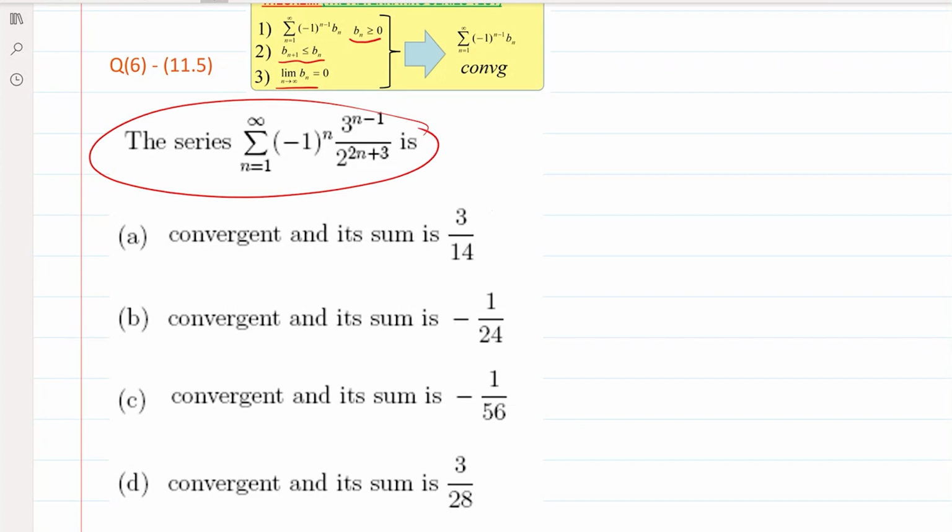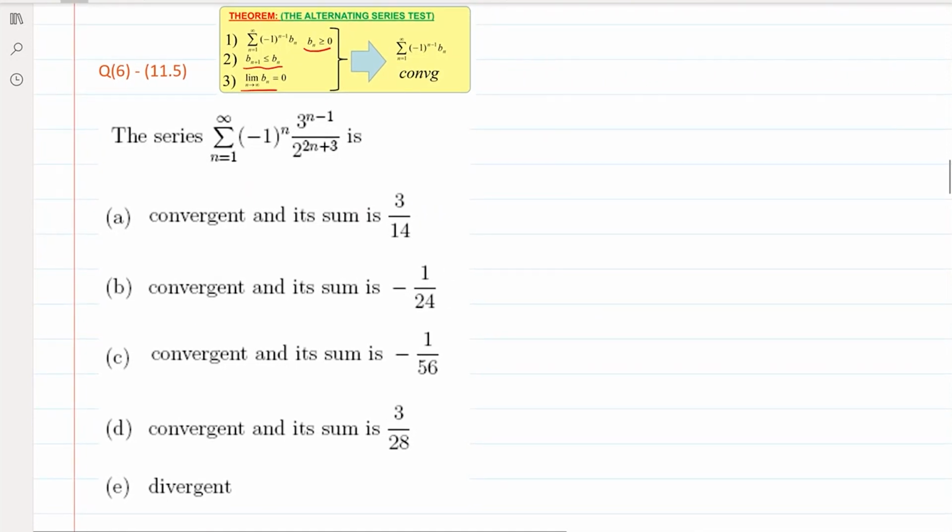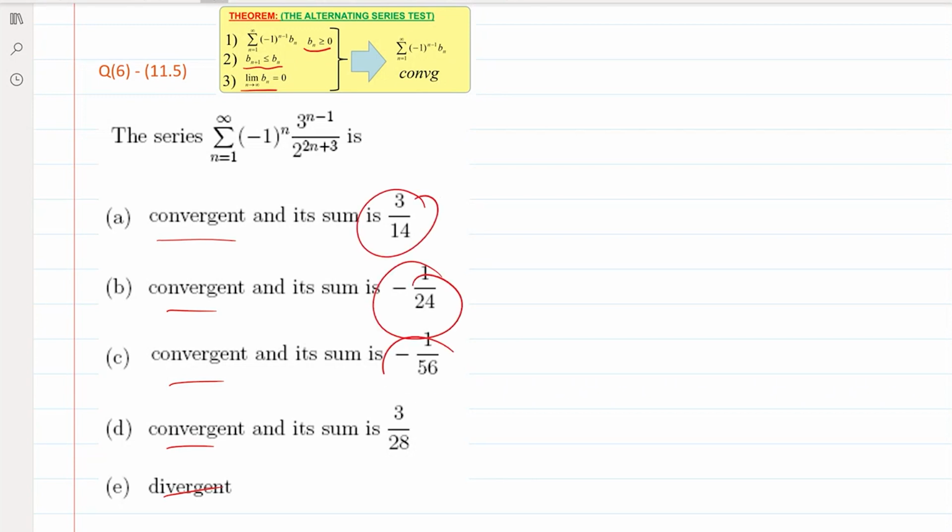It's clear that this is an alternating series. If you look at the choices, notice why I advise you to look at the choices first. He gives you converge and he gives you the sum, so now you have to think.